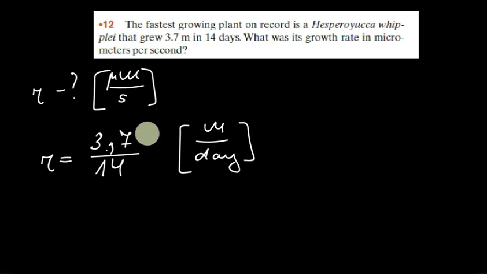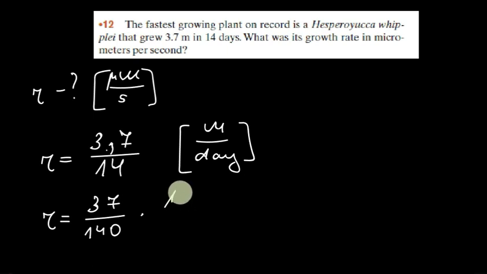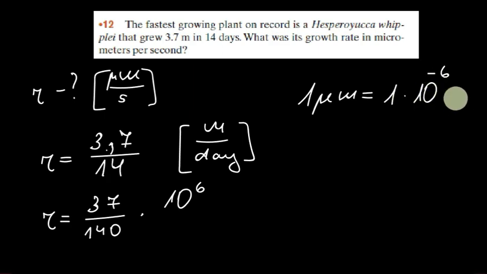Now we want it in micrometers per second. So what we need to do is to take this 37 over 140. This is basically the same thing, I just got rid of this dot here. What we need to do is to multiply this by 10 to the power of 6. This will give us micrometers instead of meters, because 1 micrometer is 1 times 10 to the power of minus 6 meters.